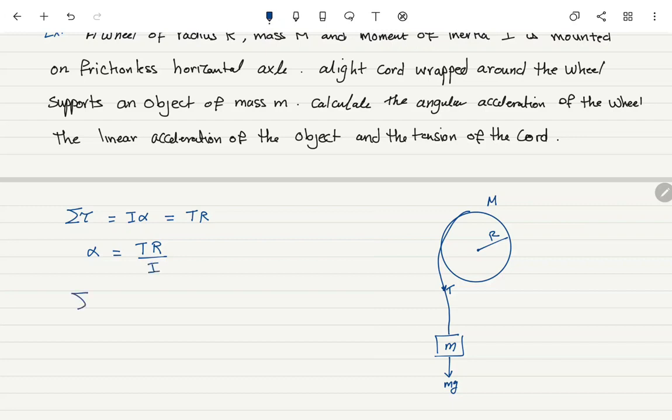Now the sum of all forces is equal to ma. The forces on this object here are tension and mg. Since the object is moving down, we can say that mg minus tension is equal to ma, and a in this case is the linear acceleration, equal to mg minus tension divided by m.